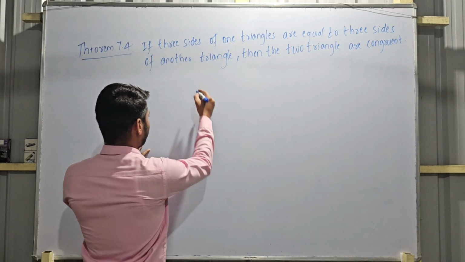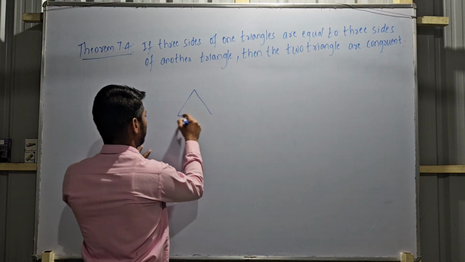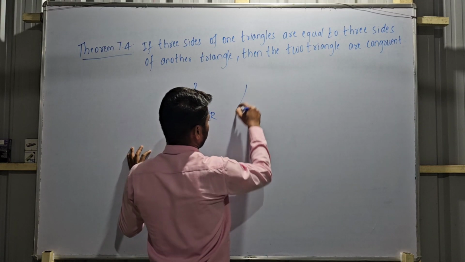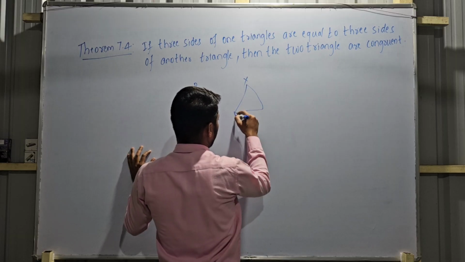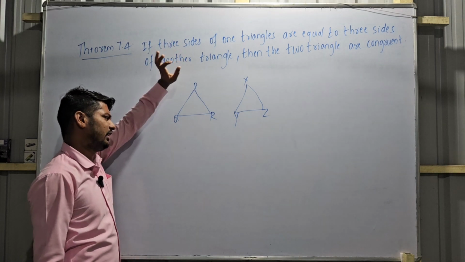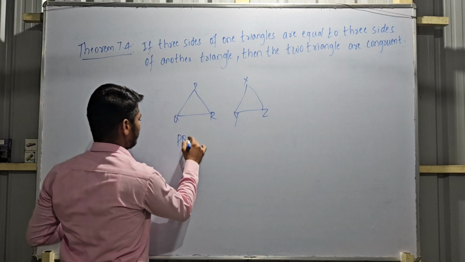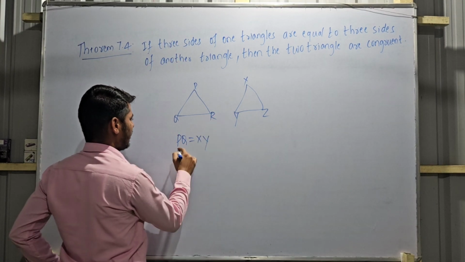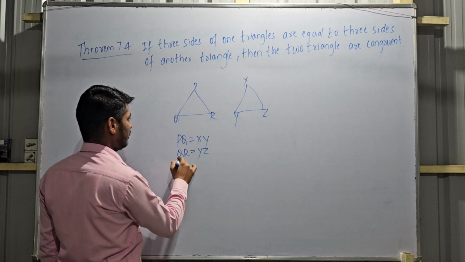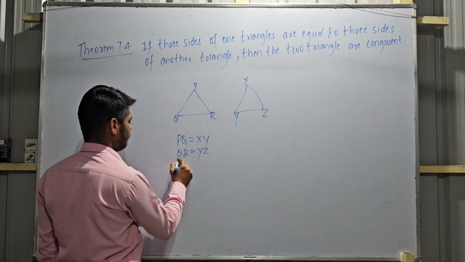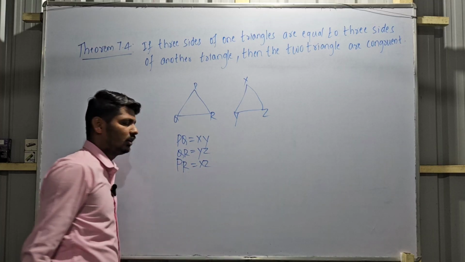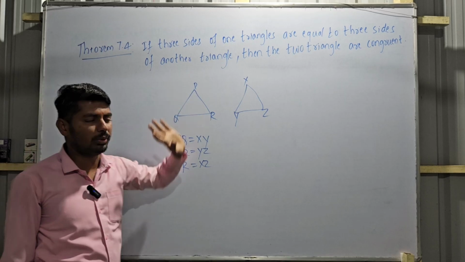So take any two triangles, triangle PQR and triangle XYZ. They are telling all three sides, that is PQ must be equal to XY and QR must be equal to YZ and PR must be equal to XZ. Then the two triangles are said to be congruent.